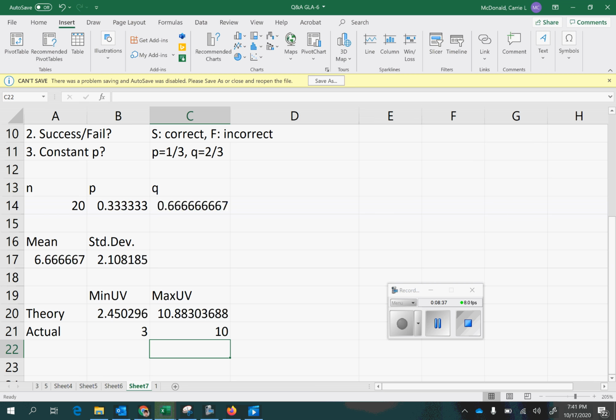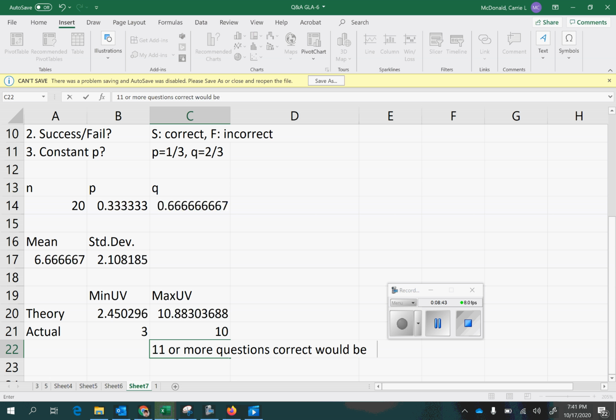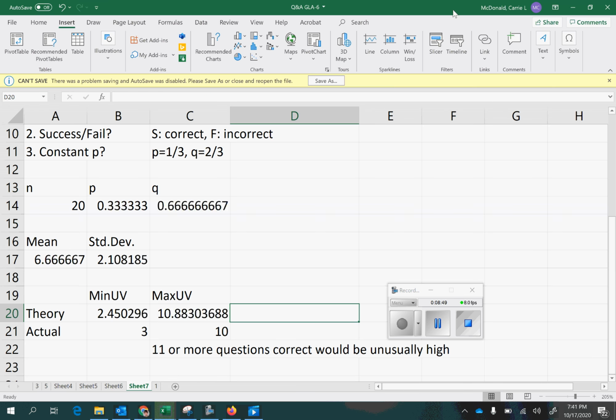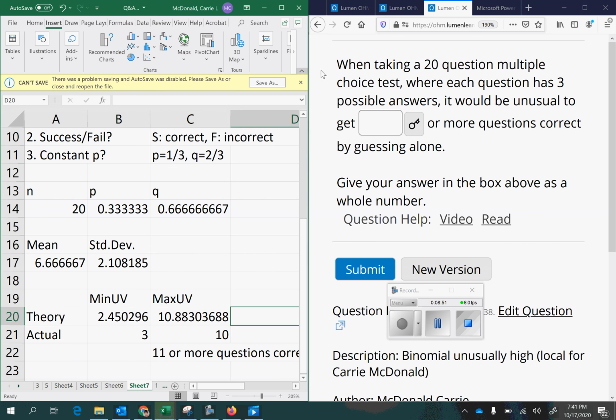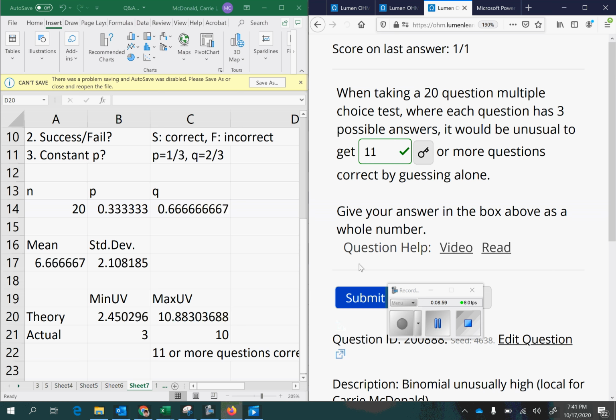So here, 11 or more questions correct would be unusual. Unusually high, right? Okay, so then that would make my answer 11. And the easy way to remember it for this particular question is that the answer for the max usual value should be rounded up to get this answer right. Hope that helps.